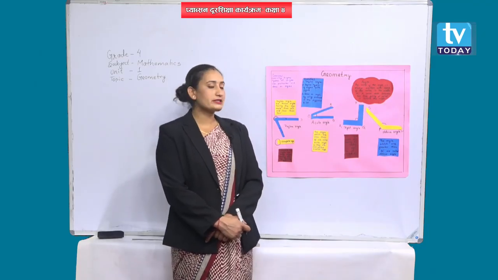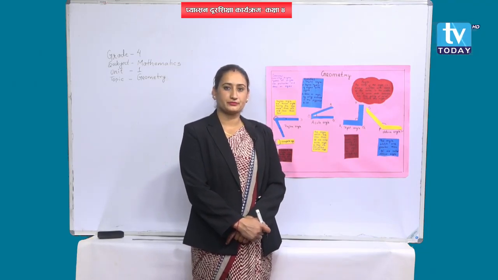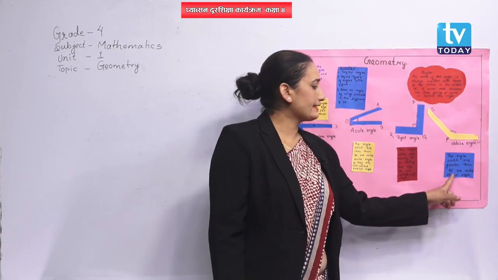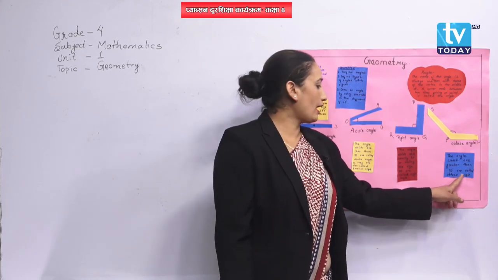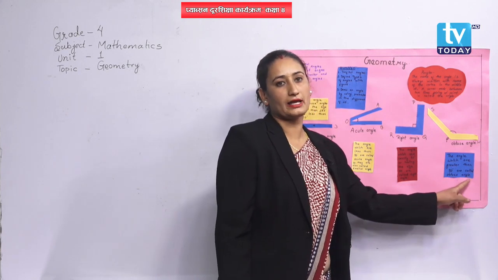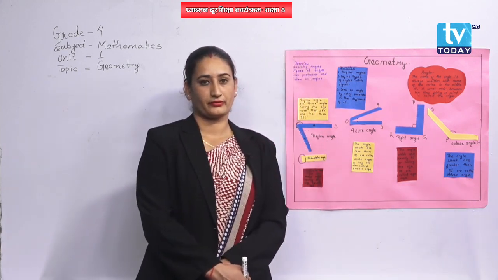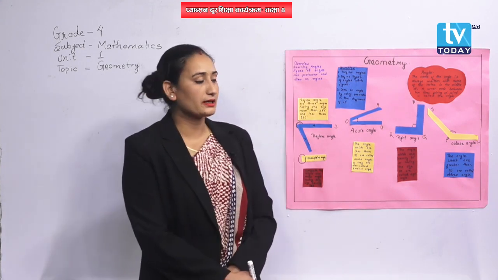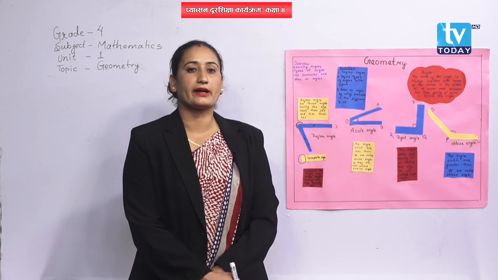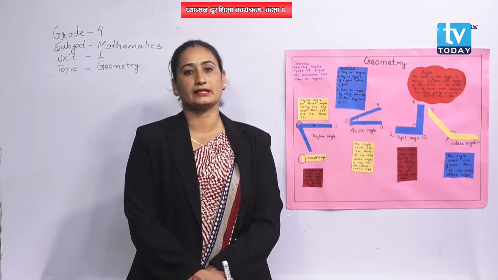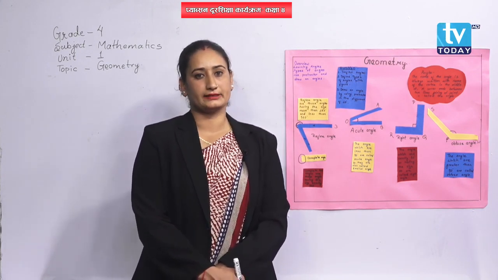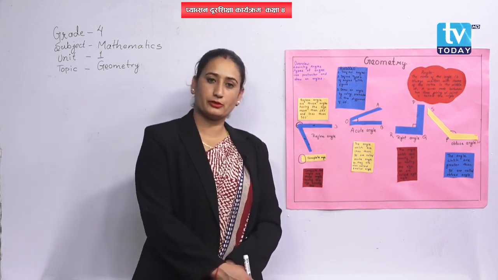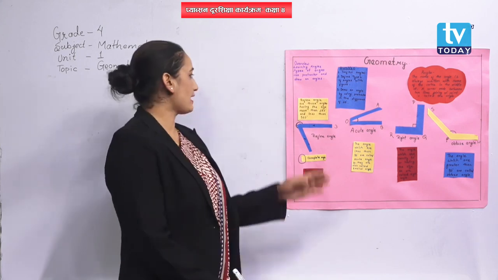Obtuse angle means the angles which are greater than 90 degrees are called obtuse angles. Then after that, the fourth, shall we move? Okay, let's have a look.